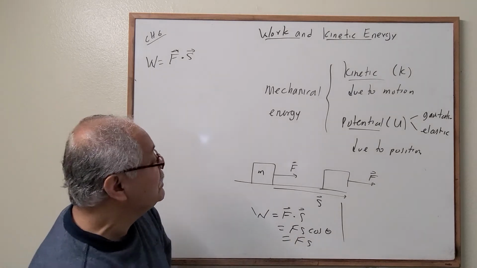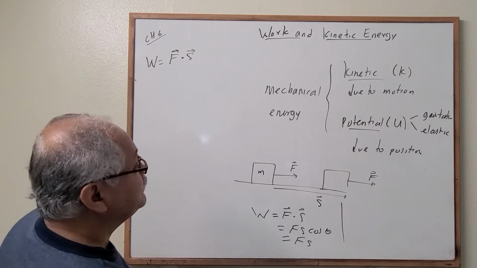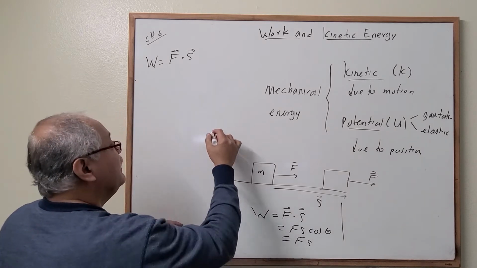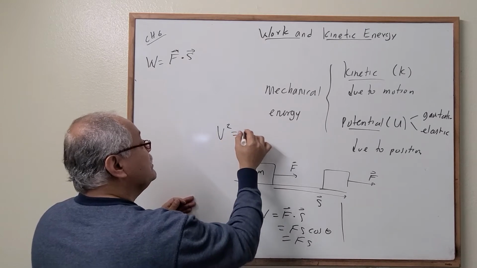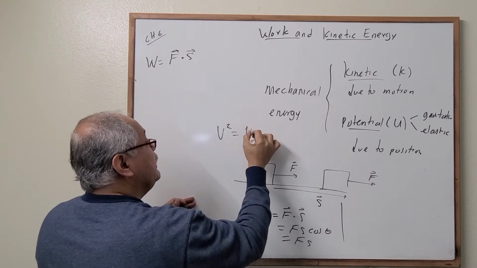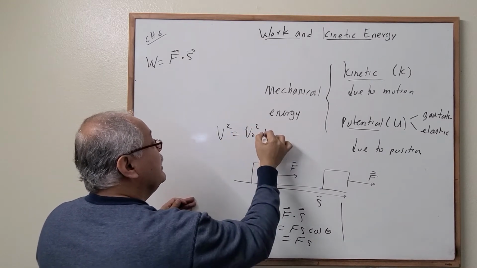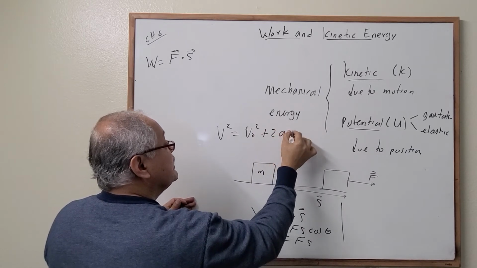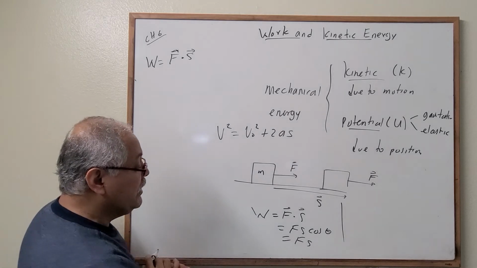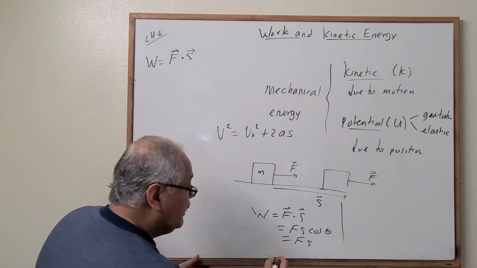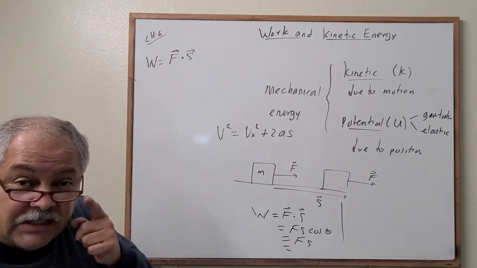Let's do it. So from kinematic equations, we have one of them, which is final velocity squared is equal to initial velocity squared plus twice the acceleration times the displacement, correct? Now look right here, also from here, what should be force according to Newton's second law?